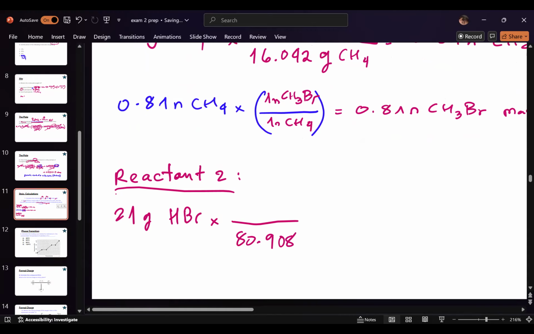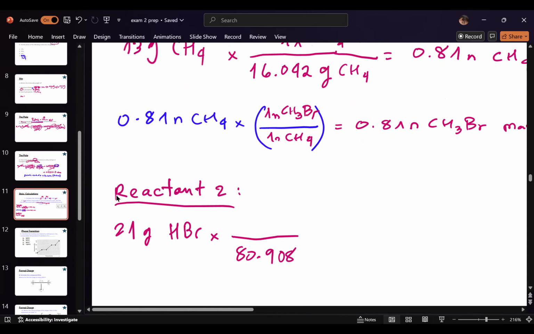If you get 80.91, or even 81, that's fine. It's just decimals. As long as the numbers are within a range, it's fine. So it's 80.908 grams of hydrobromic acid in 1 mole. When you calculate it, you're going to get 0.26 moles of hydrobromic acid.